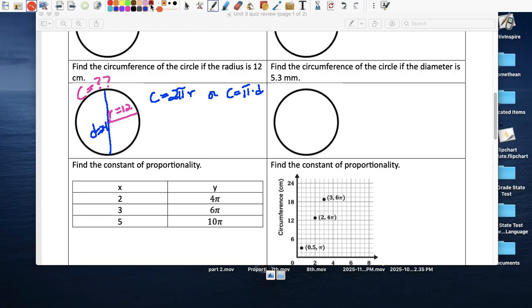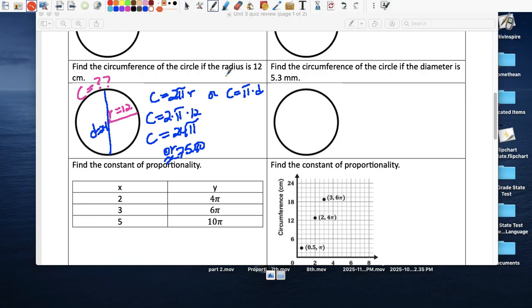I'm going to do the first one. C equals 2 times pi times the radius, which is 12. And then C equals 2 times 12 is 24, and 24 pi. So that's your answer with pi. Or you can multiply, right? 24 times pi, and you're going to get approximately 75.40.